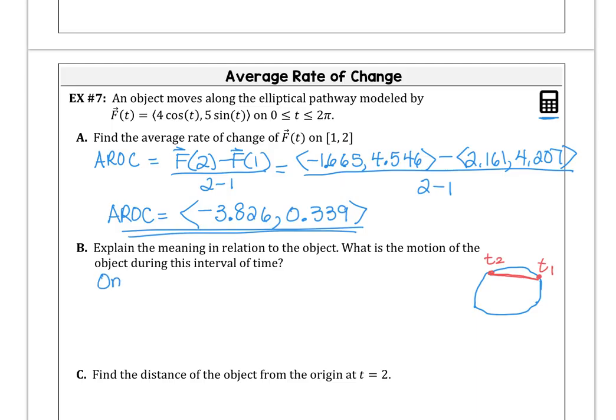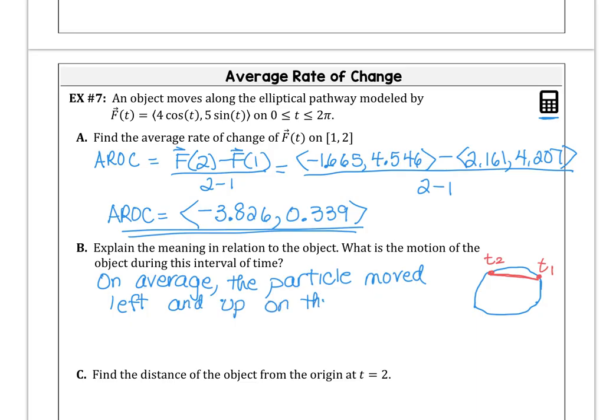incline. So on average, what we know is that the particle moved left because the x component was negative, moved to the left, and it also moved up on the interval from t equals 1 to 2 inclusively, and it moved in that direction in an elliptical pathway because they gave us that at the beginning.